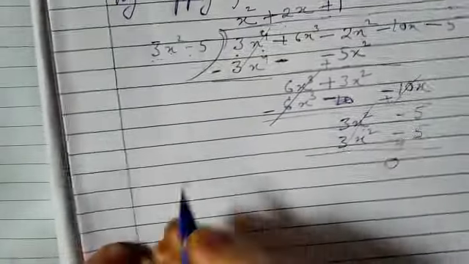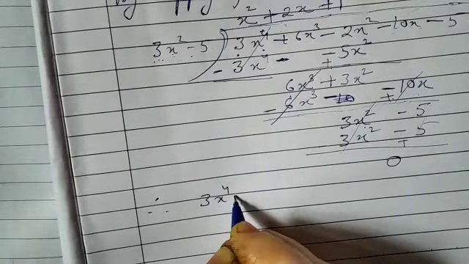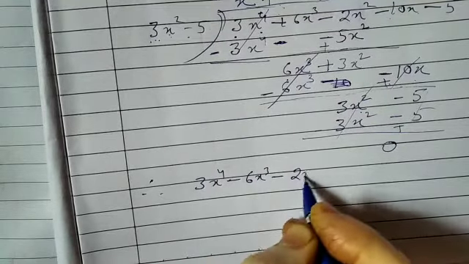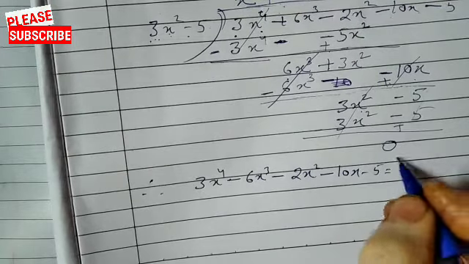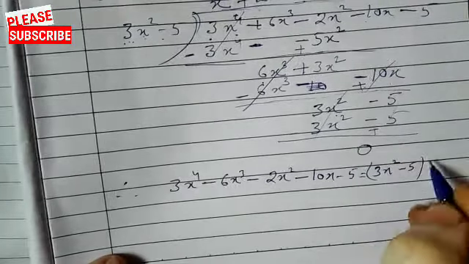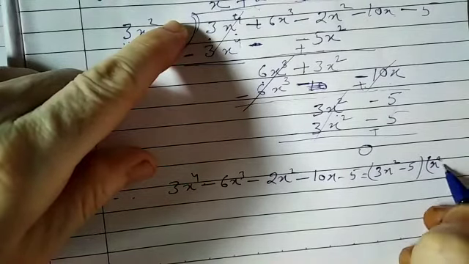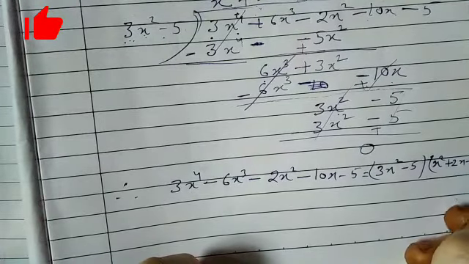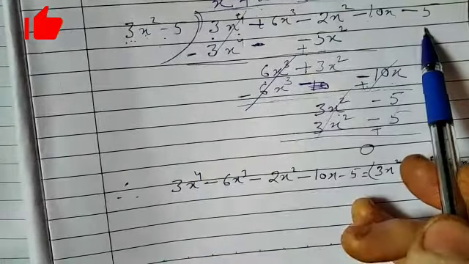So we find that 3x to the power 4 plus 6x cube minus 2x square minus 10x minus 5 is equal to 3x square minus 5 into x square plus 2x plus 1, by the division algorithm, because if you multiply these two you get this one.